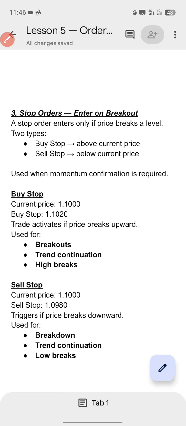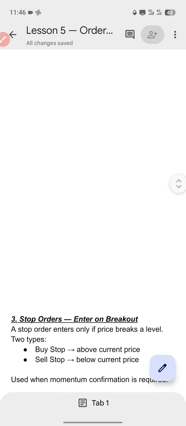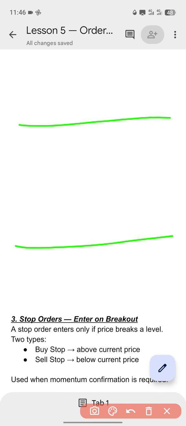Let's do some drawing to understand what it actually means. If we have our support here, then we have our resistance, then we have price moving sideways into it, moving this way.